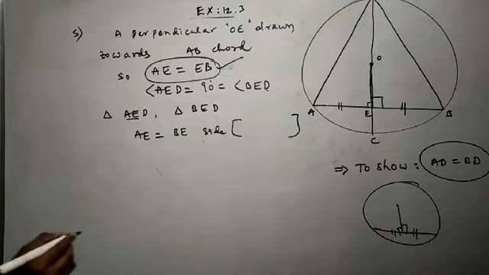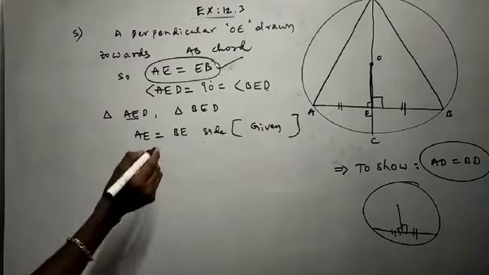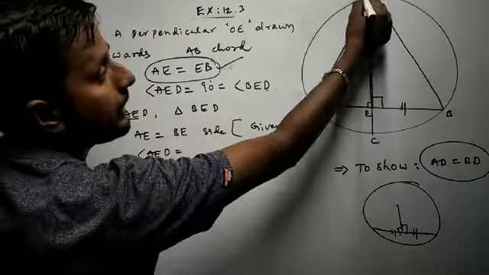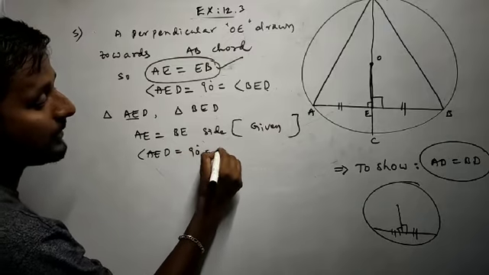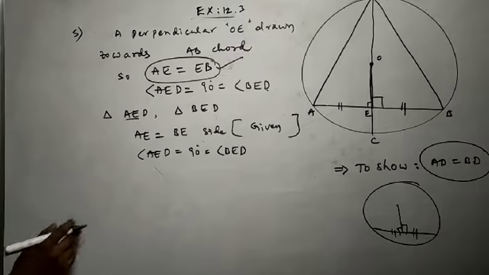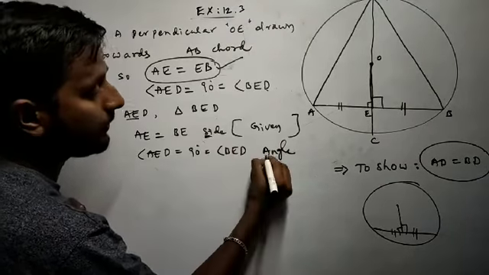The reason for equality is given. Already we found it, correct? Next, angle AED is 90, but that is equal to angle BED also. Though 90 is a right angle, basically it's an angle, correct? So SA.